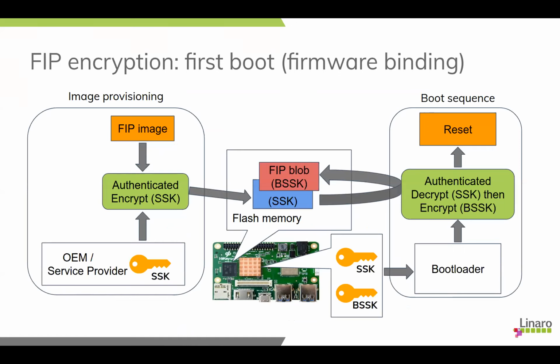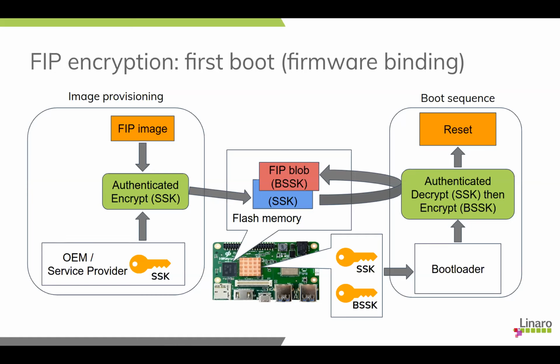I think I'm able to get you. So here, what we are saying is during the update process, we do this once only, when you are binding the firmware to a particular device-specific key.